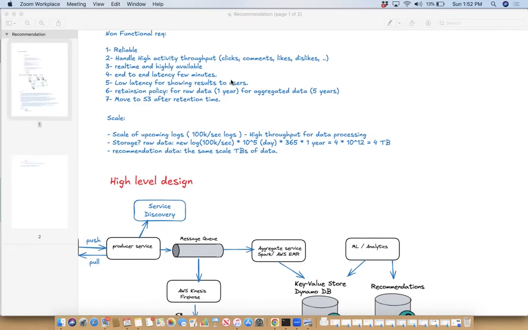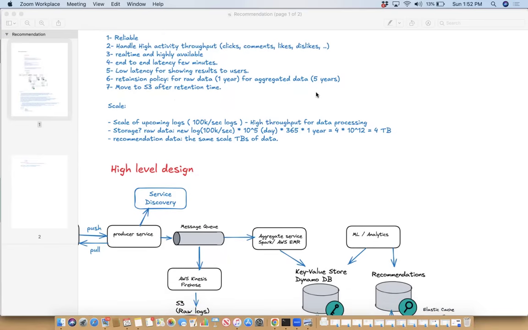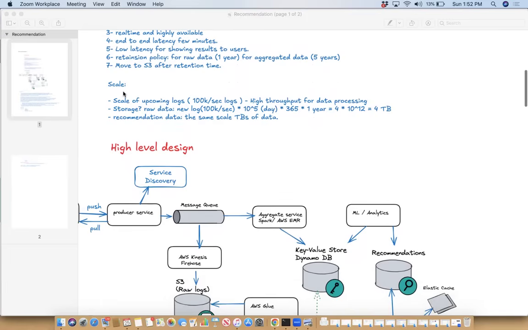Let's say for raw data, we want to keep them 1 year and then archive them in cheaper storage, or we purge them. For aggregated data, we would like to keep them for 5 years. Move to S3 after retention time.